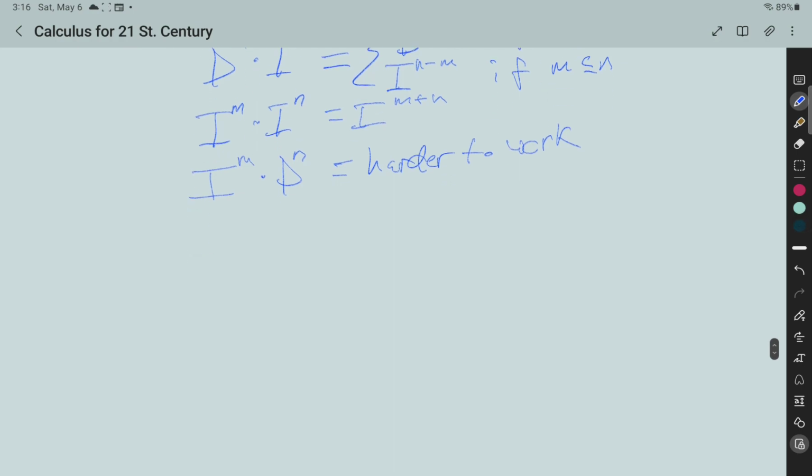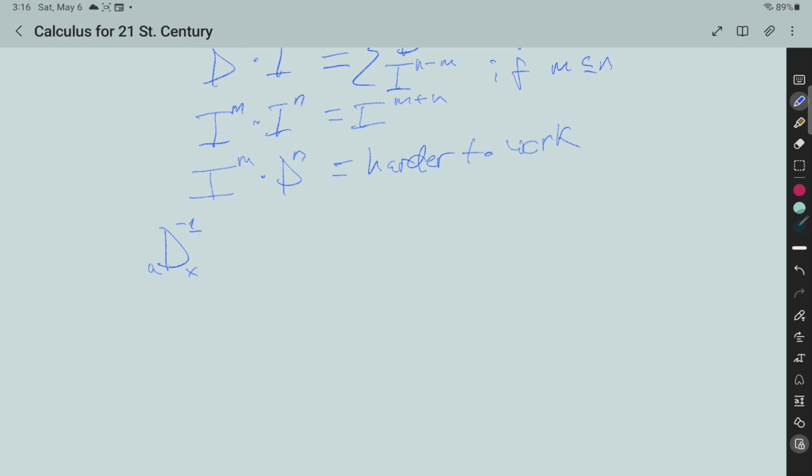Okay, suppose you have D of minus 1, right? D of minus 1, you know that that's going to be a fractional integral. How about this?